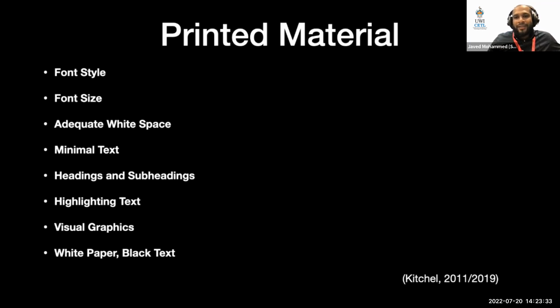If you're highlighting text, use bold or underline. There's no need to bold and underline. Graphics now, visual graphics. Only use visual graphics to support the contents within the document.